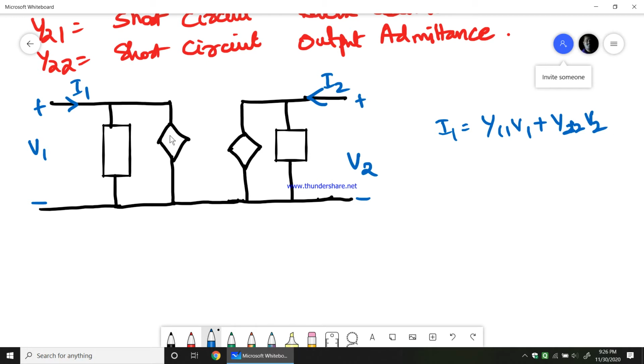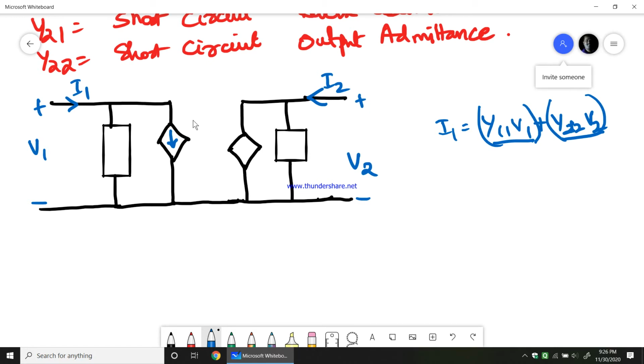When I draw here, there is a current dependent source, because you are writing the current equation. Y11 V1 is also current, Y12 V2 is also current. When you multiply admittance with voltage, you get a current value. So the current I1 is entering and it divides into two different currents. One current value is Y11 V1 and the other is Y12 V2, where V2 is the output voltage, so I make that a dependent source.